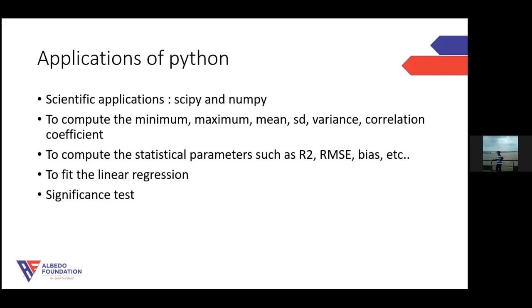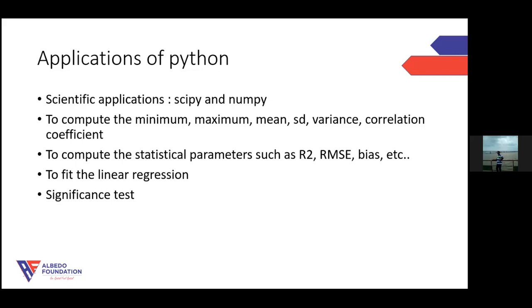And if you want to fit a linear regression between two data sets, we can easily do the task in Python. And if you want to do any significance test, for example, we are correlating the amount of precipitation and groundwater level increasing or decreasing.